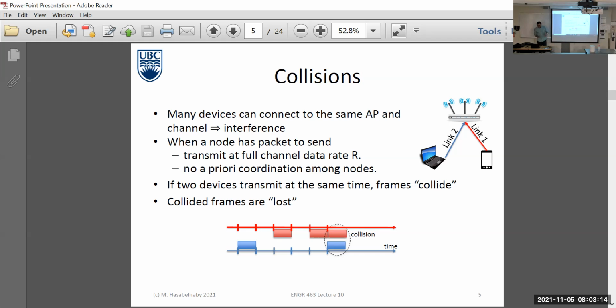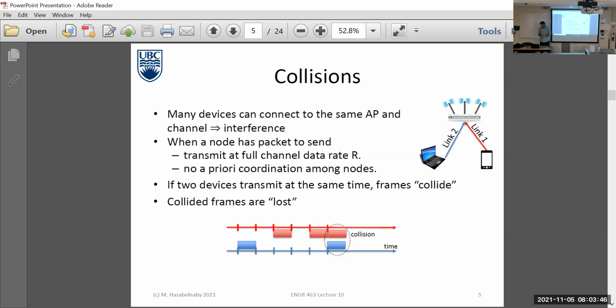Daniel 1 has a packet or frame to transmit, so Daniel will transmit the packet without any coordination with all other users at full data rate. This is my channel, I will transmit. Daniel 2 also has a frame to transmit, so will transmit at the full channel data rate without any coordination with any other user.